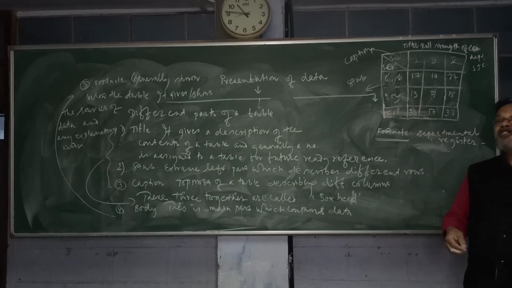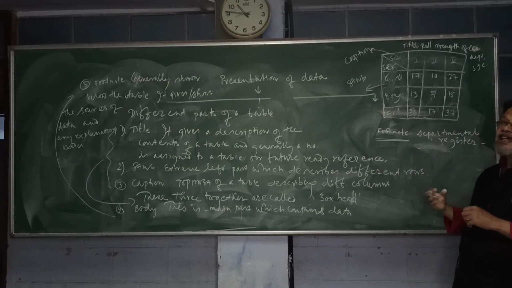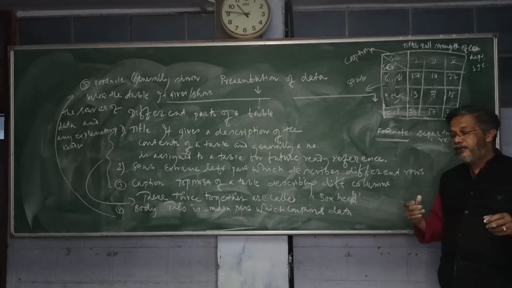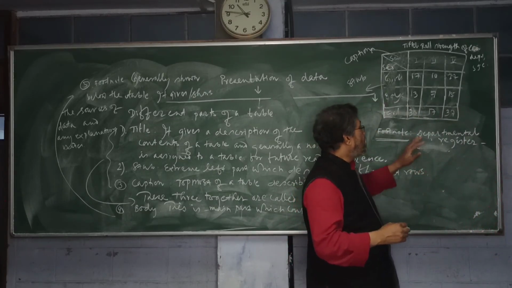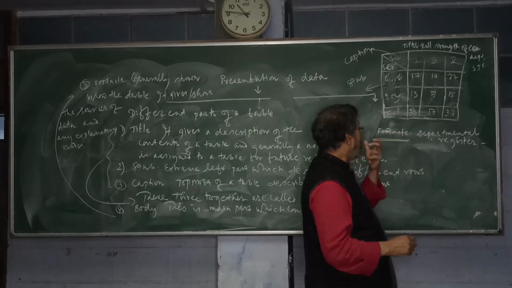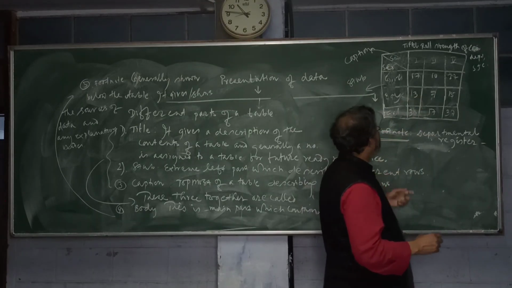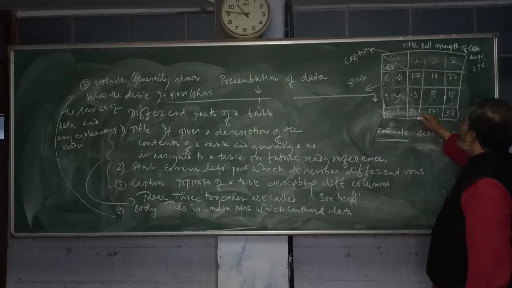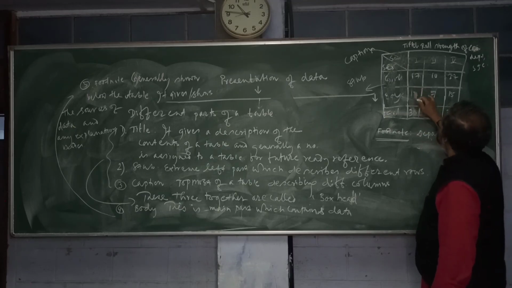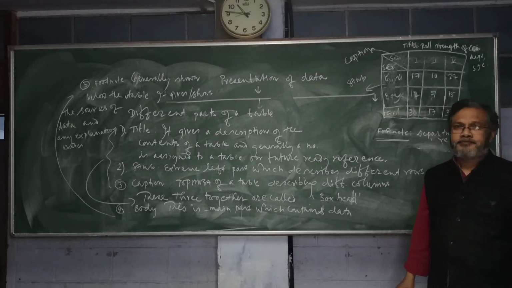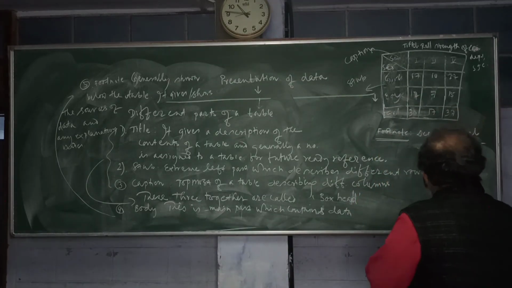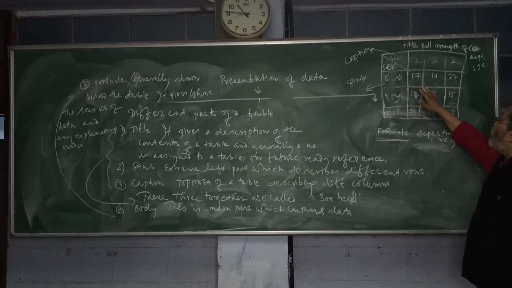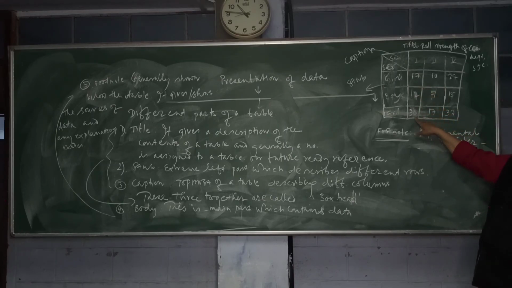If errors and omissions, if mistakes are there, those can be easily detected in the table representation. Why? Suppose here if I write 12, then easily you can detect that the total is not matching.